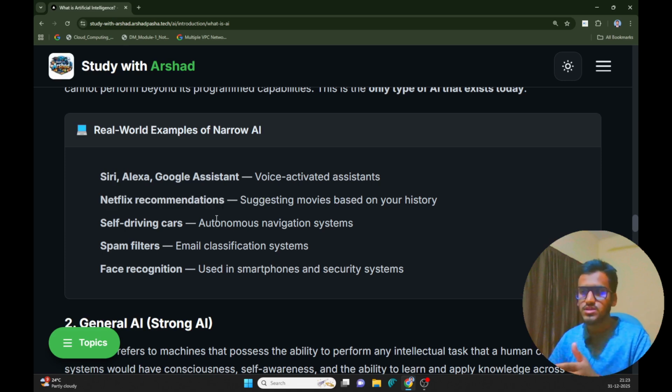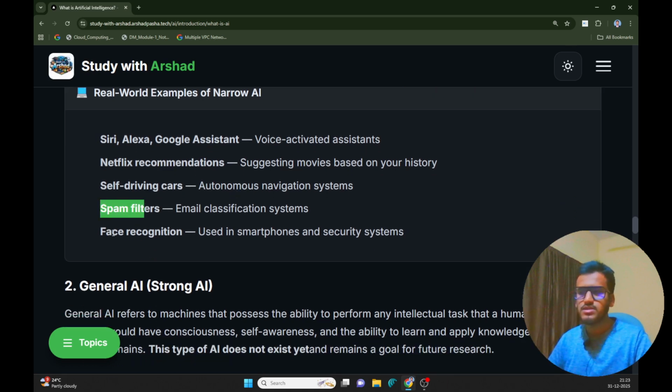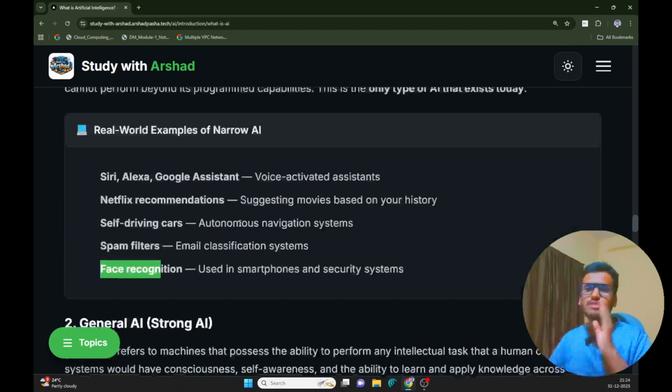In self-driving cars, a navigation route is set and the car follows only that. It stays within a boundary, like spam filtering and face recognition.